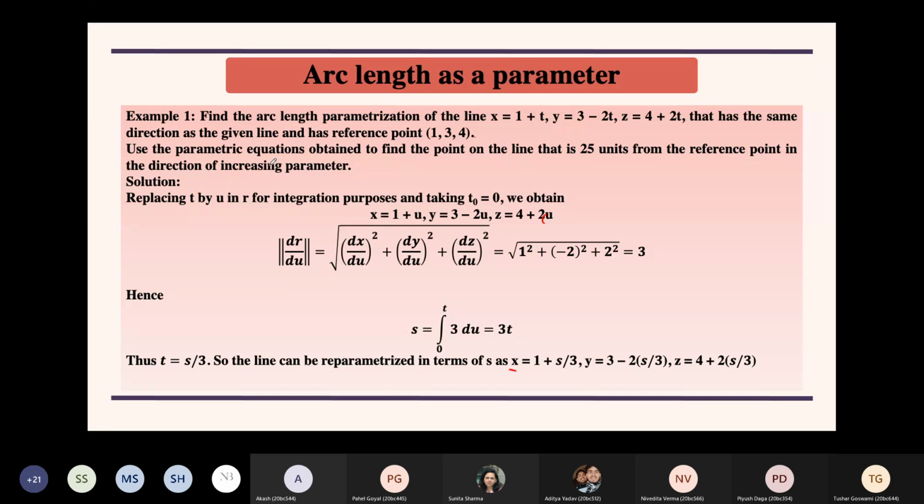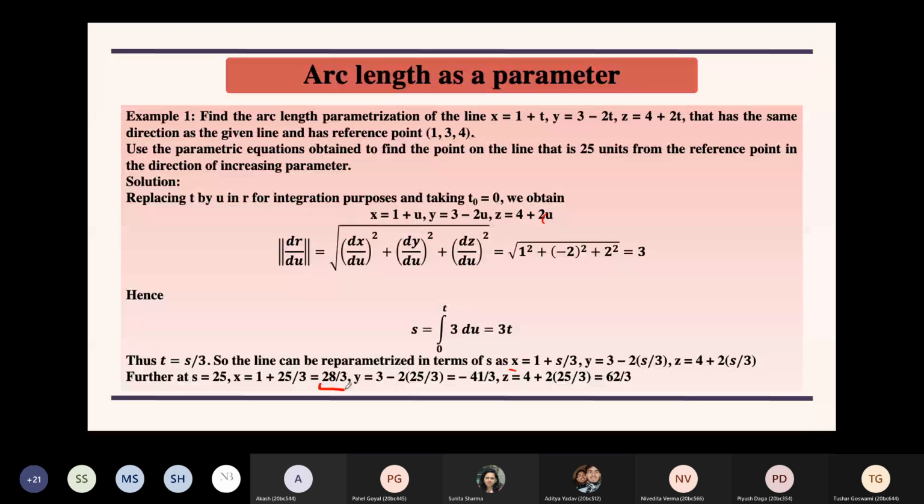direction of increasing parameter. So that means in the increasing direction, your s is 25. Corresponding to that s, what will be the point? So just substitute s as 25. So these are your coordinates. This is the X coordinate, this is the y coordinate.